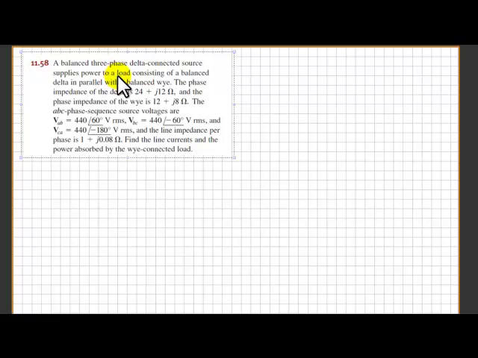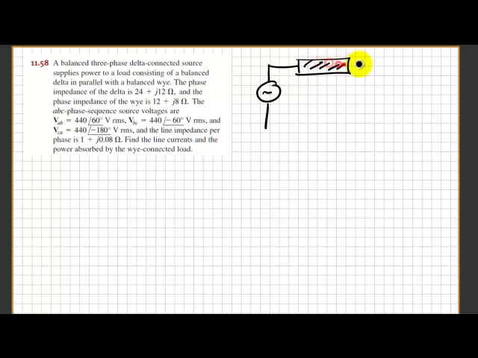So a balanced three-phase delta connected source supply power to a load consisting of a balanced delta in parallel with a balanced Y. So which means that if you will have to draw this picture, it will look something like this. You have a load, and then you have a phase impedance, and then in this case you have a delta load, and then a Y load.